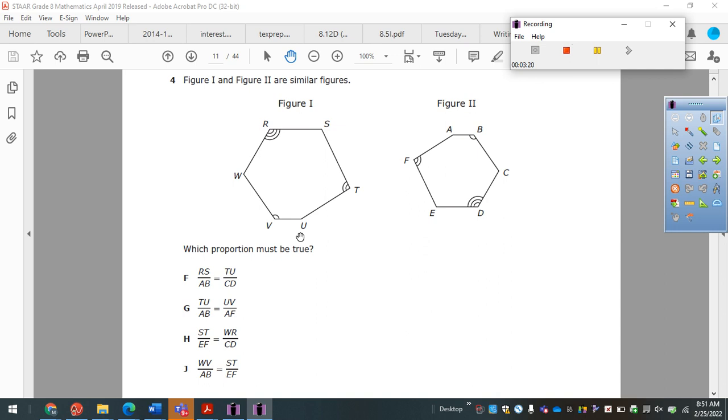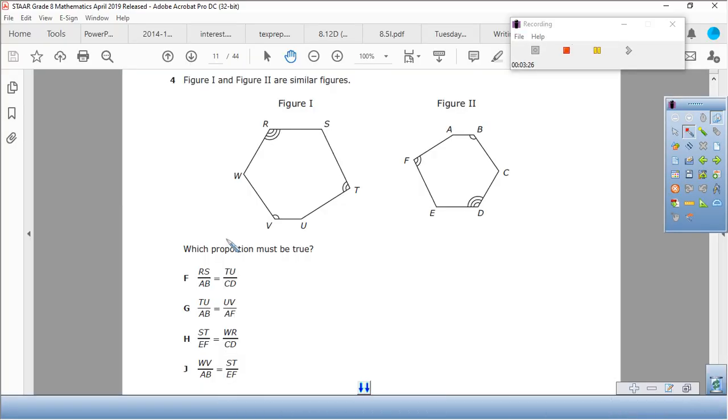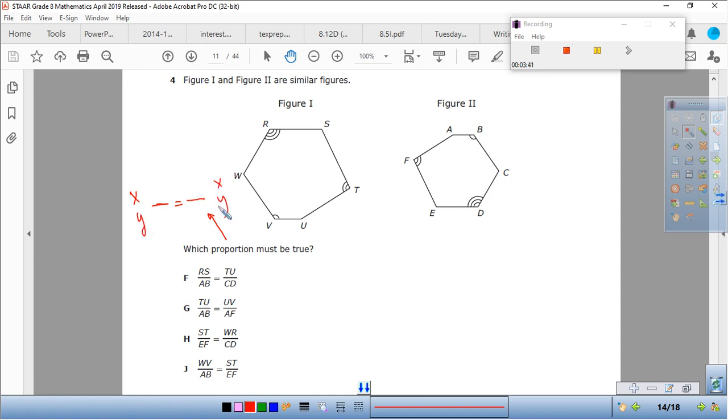So this one here is going to ask you about proportions. And proportions, if you remember, are from 6th grade. It's basically saying two equal fractions. This fraction is equal to that fraction. You do have to compare in order. So if you're going to go with x over y, then this one has to be x over y.